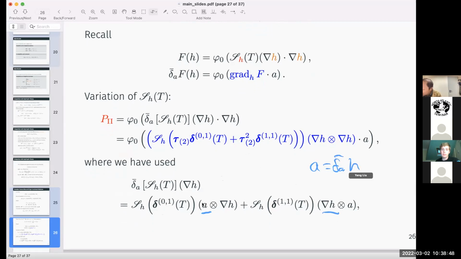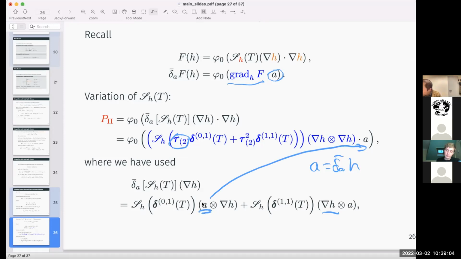Because I want to group the terms like this, I want to move the A to the very right, so that I only need one cyclic permutation.